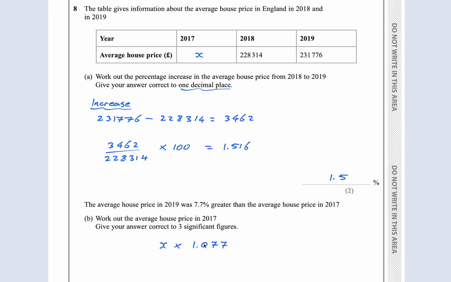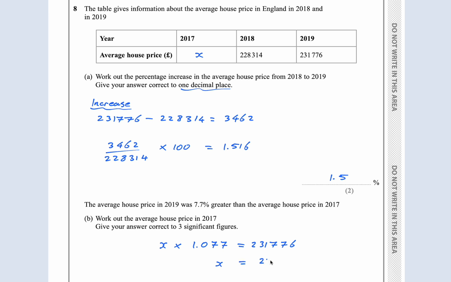I have to put in the 1 and the 0, otherwise it would be 77%, and it's not, it's 7.7%. So when I increase this number by 7.7%, I get 231,776.